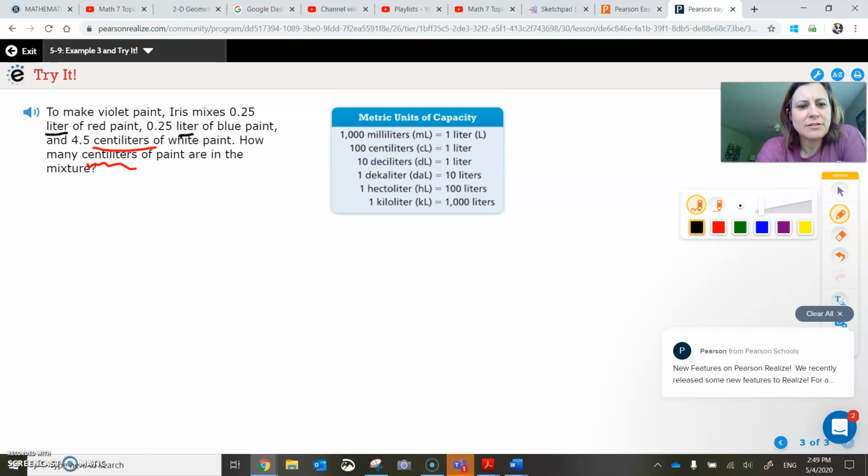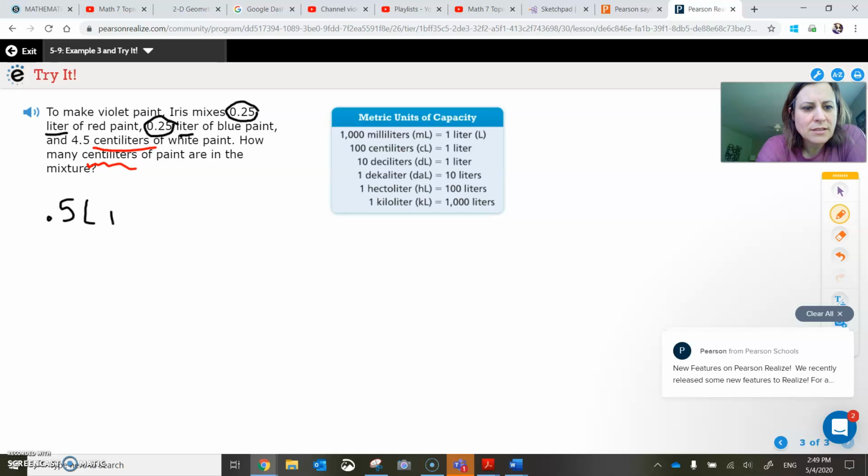Definitely we should add together the red paint and the blue paint because they're both in the same unit of measurement. So 0.25 liters red and 0.25 liters blue so far would make 0.5 liters of paint. The 4.5 centiliters, we're going to need to not forget to add that in at the end.